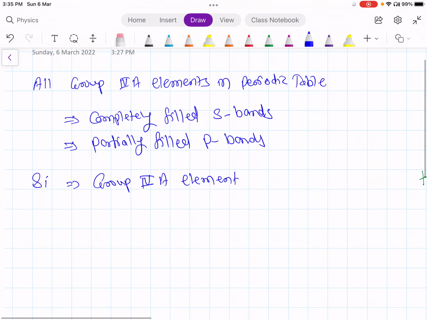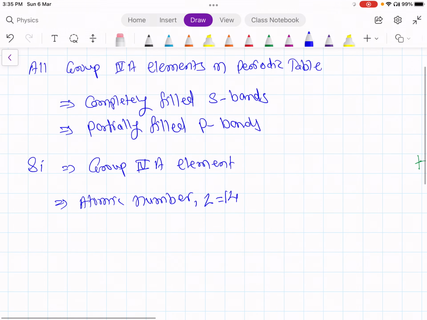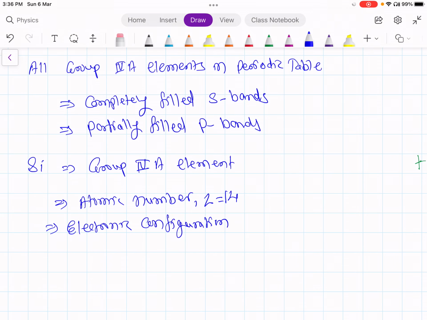Its atomic number is 14, and so its electronic configuration is 1s2, 2s2, 2p6, 3s2 and 3p2.